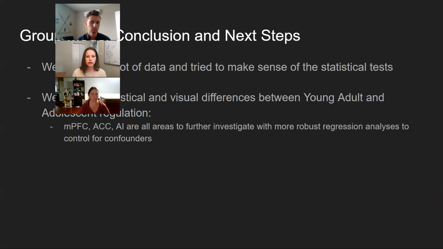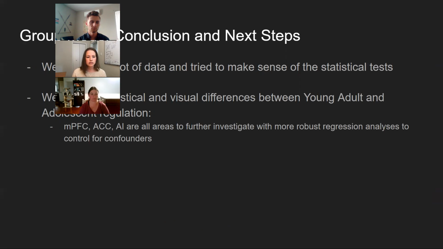So I just wanted to conclude here that we gathered a lot of data and we had to mainly focus on the whole brain. But we also did some statistical tests between young adult and adolescent models in terms of submask and regions of interest.